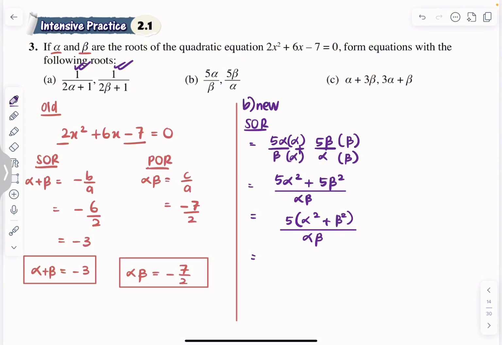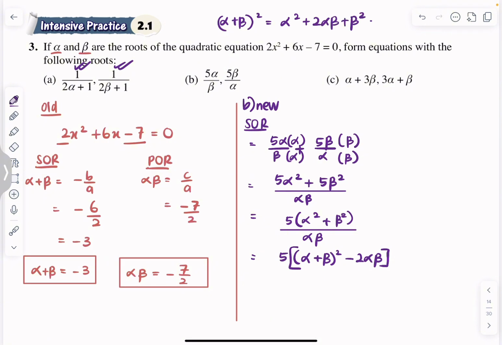When you have alpha square plus beta square, this is quite a common question. Alpha square plus beta square will be alpha plus beta square minus 2 alpha beta. Because alpha plus beta square will give us alpha square plus 2 alpha beta plus beta square.